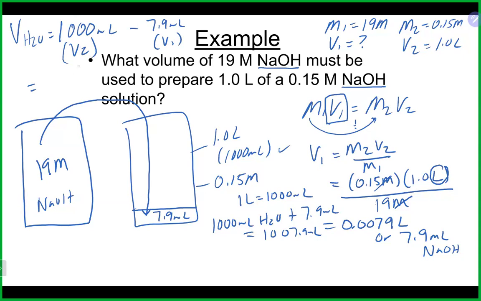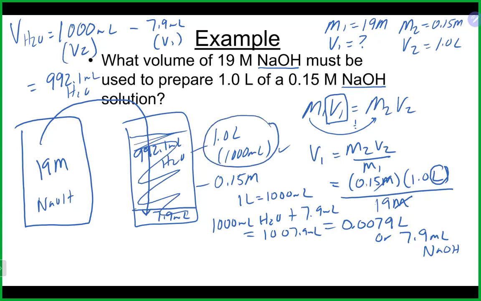That means roughly I should put in there about 992.1 milliliters of water. If I do that and give it a good mixing, I will then have a solution that has a total volume of 1 liter or 1,000 milliliters, and will have a concentration of 0.15 molar.